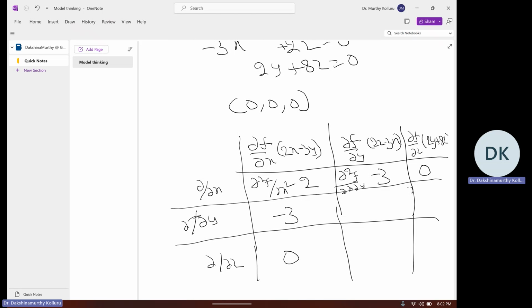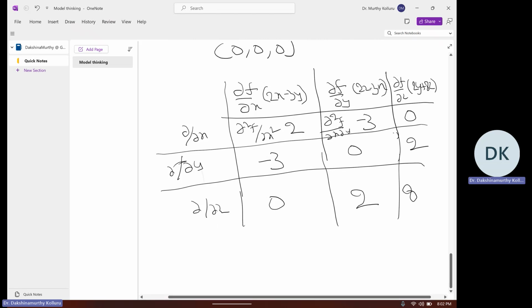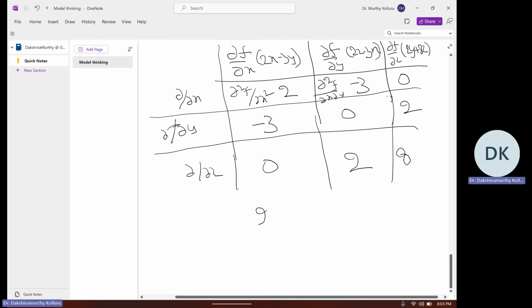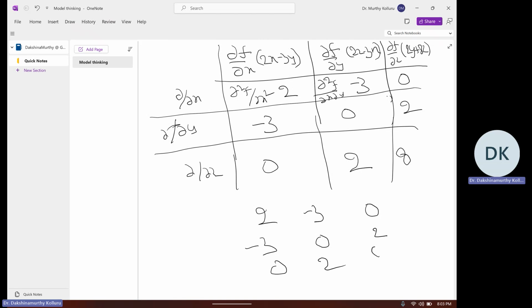Dou square f by dou y square is 0, then this becomes 2, and this goes at 8. So my matrix now is 2, minus 3, 0; minus 3, 0, 2; 0, 2, 8.